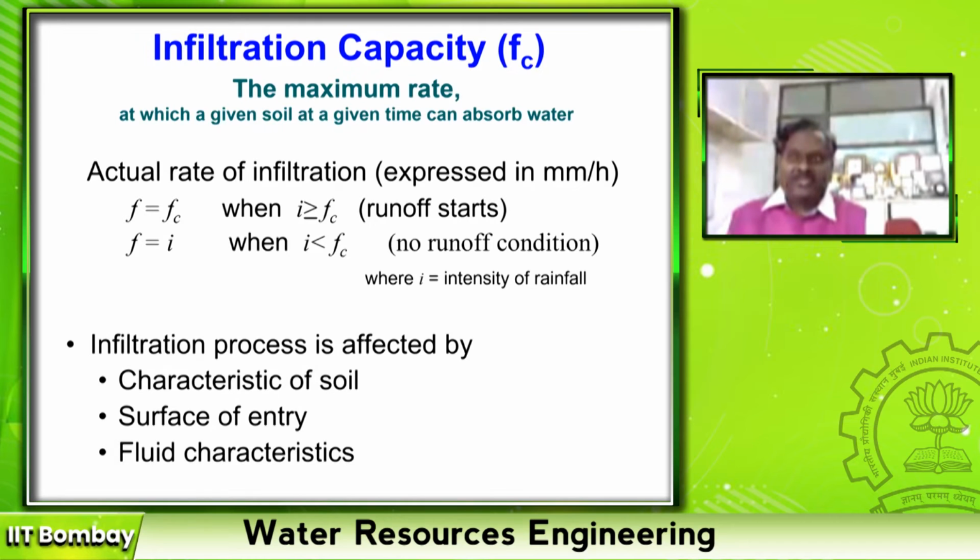So the runoff, or the flow of water from the earth surface, starts only when the soil is completely saturated, or when my rainfall intensity is more than the infiltration capacity, right? So the infiltration process is affected by characteristics of the soil, surface entry, and also fluid characteristics.